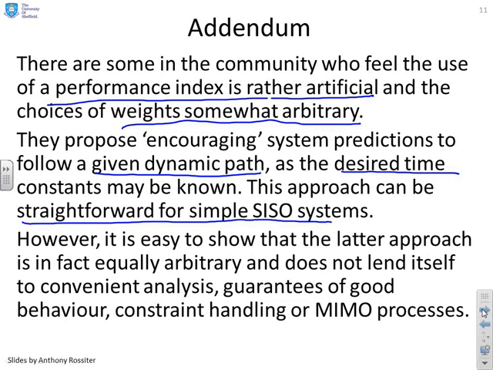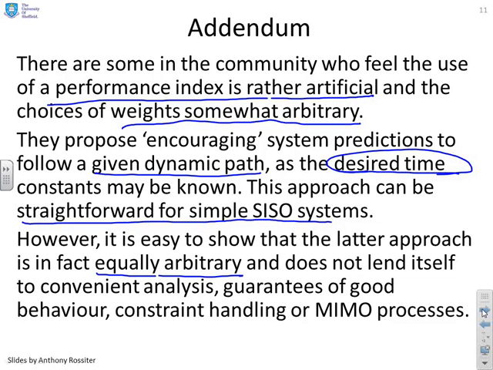However, you could also show that this latter approach is equally arbitrary, because you have to come up with the desired time constant, and while that might make sense for simple first order systems with straightforward dynamics, it's not going to make sense if the dynamics are a bit more complex, or if you have lots of interaction and a multivariable process.